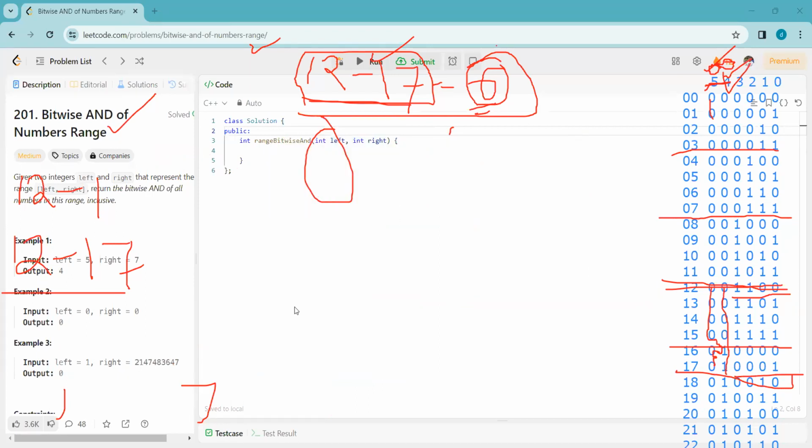Now let's see for the third bit. Our third bit ranges from 2 to the power 3 plus 1, that is 16.